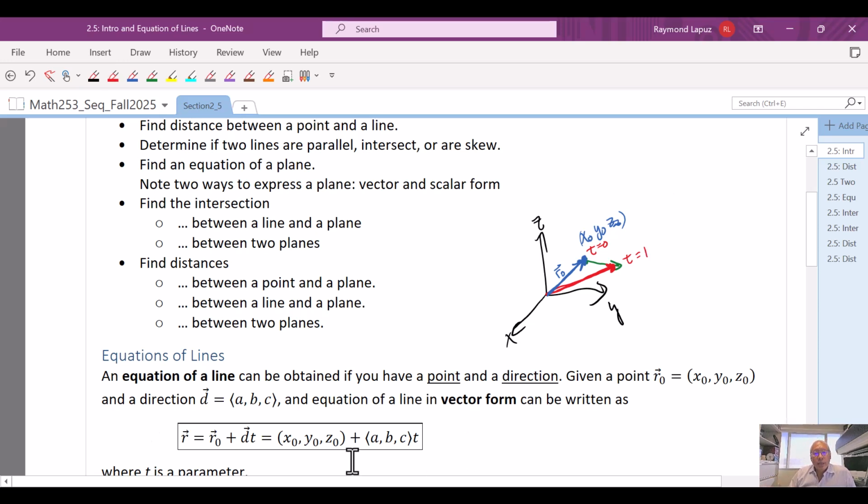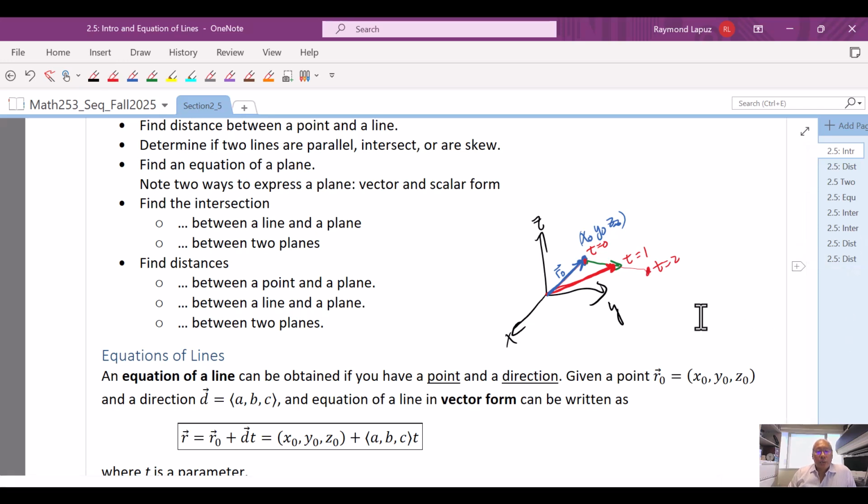Now, if t was any other number, then you would be somewhere else, and hopefully somewhere else that's going to be on the line. So what if t was equal to 2? Then I will start over here at x naught, y naught, z naught, and then I will have 2 times ABC. So ABC, stretched out twice as long, will give me another point.